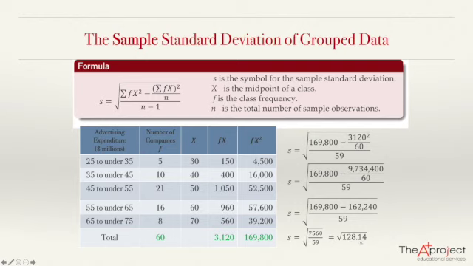If the question is what is the variance, don't take the square root in this case. The variance will be 128.14, and the units will be millions of dollars squared, in brackets the million of dollars, and everything is squared.